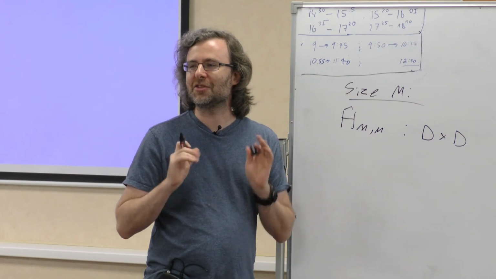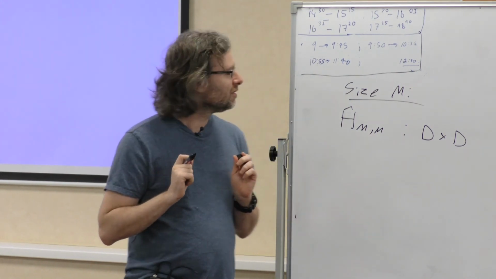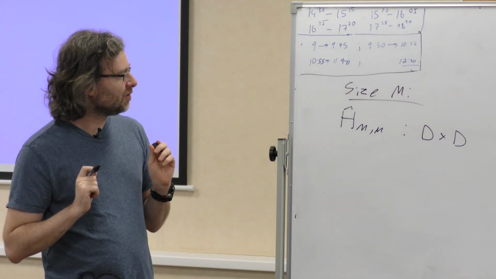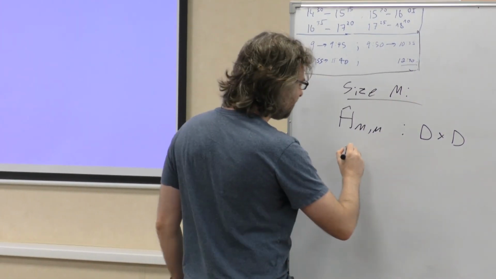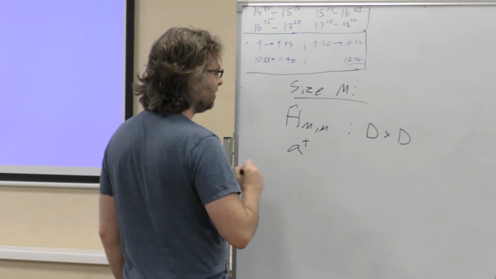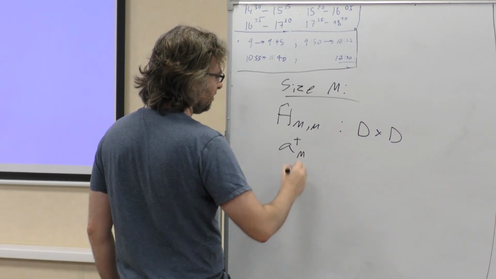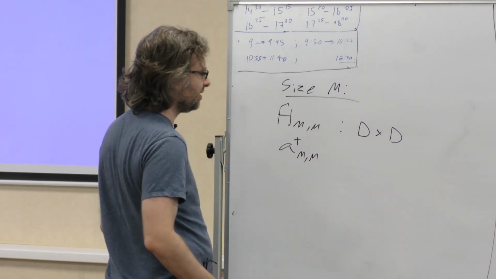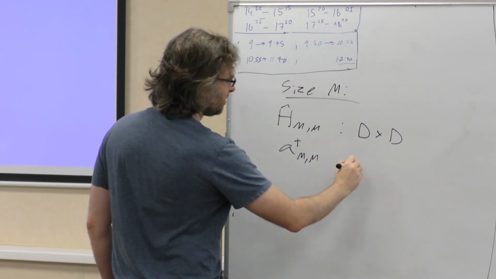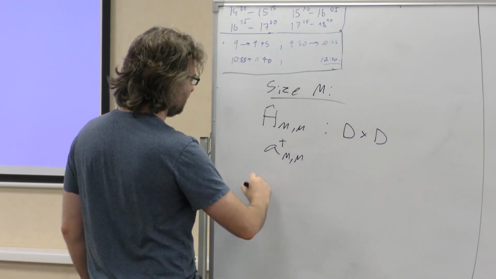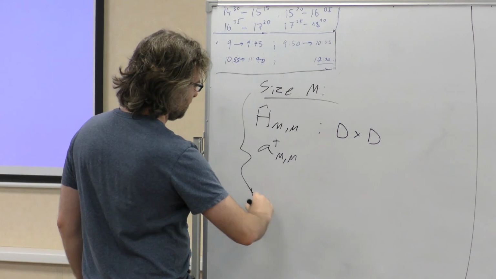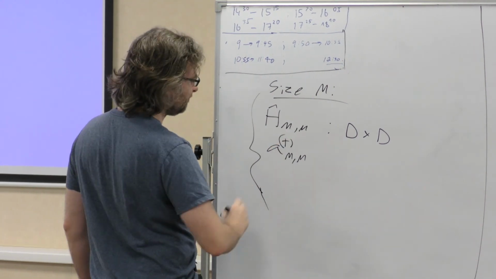But we'll assume that it's okay for now. Now I'll also need a few more operators. I'll need, for instance, a dagger at site m, for an m-site system. This also has to be d by d. I'll need a and a dagger.